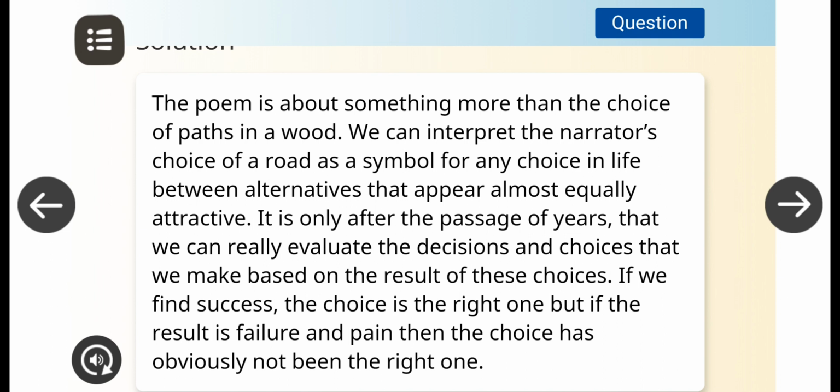They look the same, and all the paths look very attractive. But we have to make a very evaluative decision and choice for success in life. This is what the question means and what the answer offers.